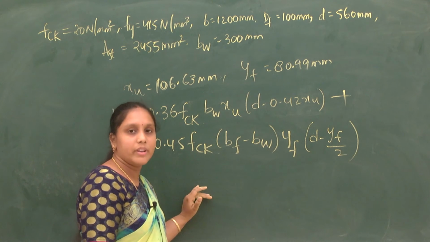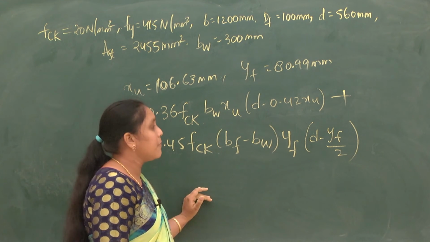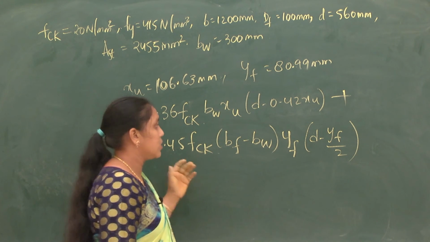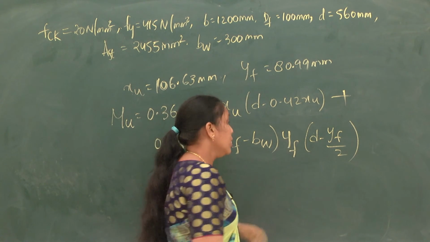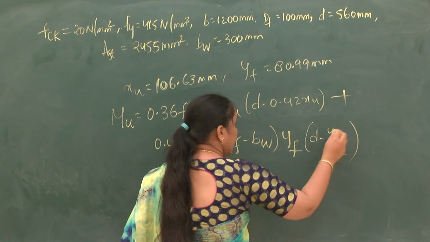As the condition we have got here is df by xu greater than 3 by 7, in place of df we have to substitute yf.